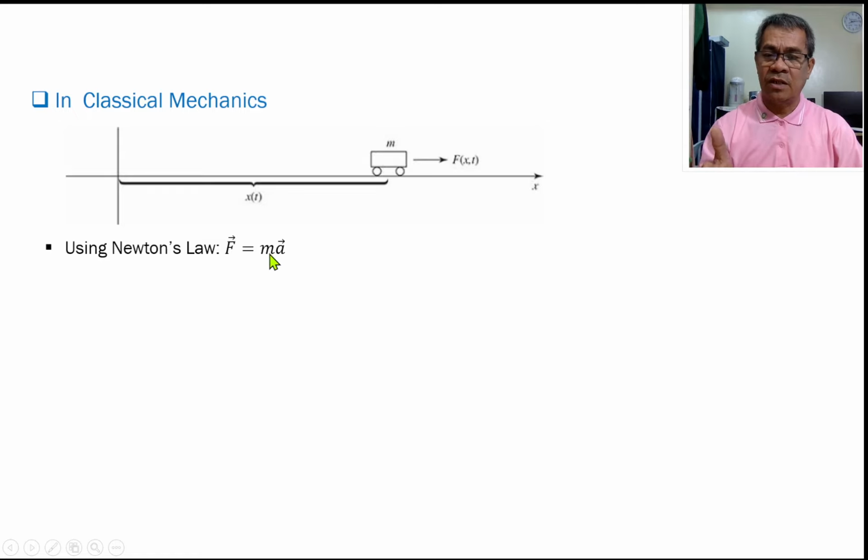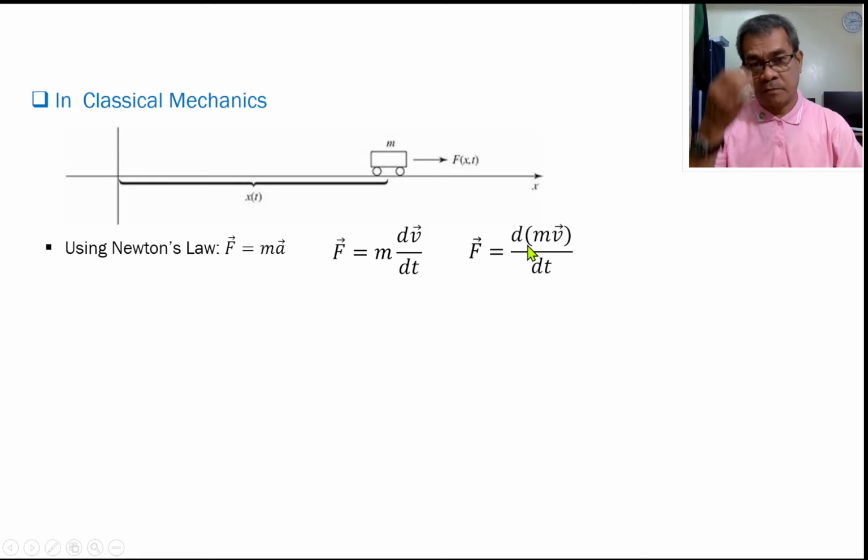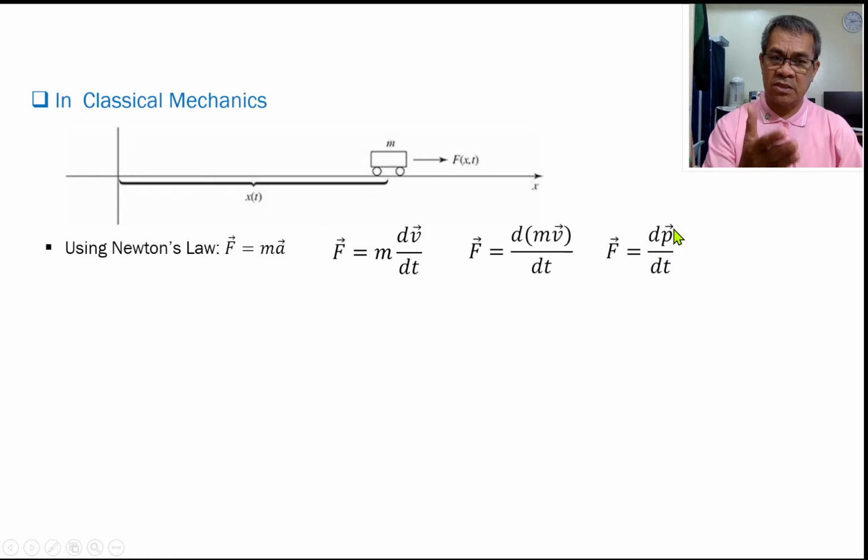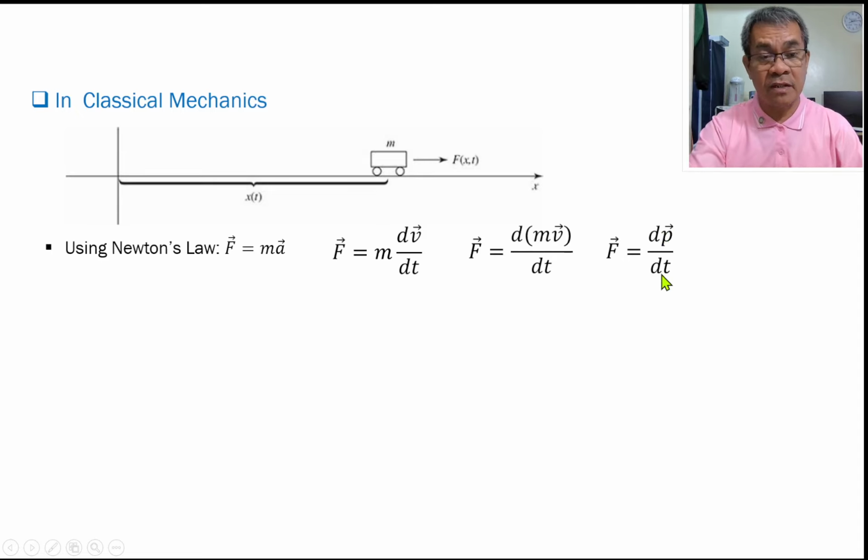So this second law is in terms of acceleration. But remember, acceleration is dv over dt, which means that the second law can be expressed in terms of velocity. But remember that mass times velocity is momentum, which means that the second law can be expressed in terms of momentum. And this result means that the force is the change in momentum per time interval.